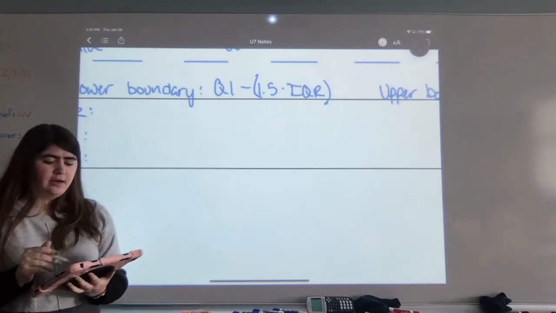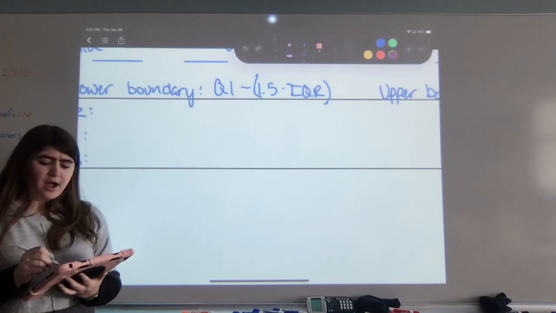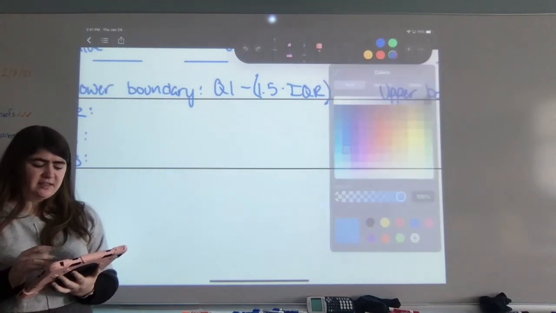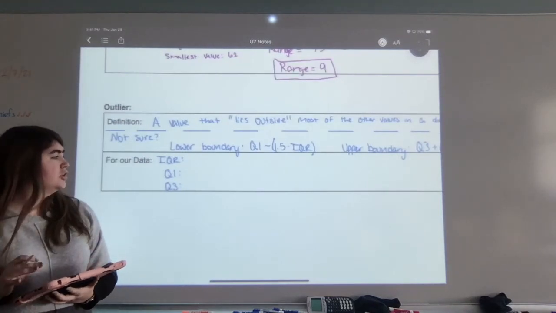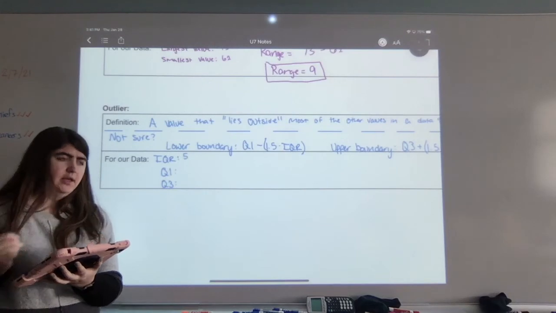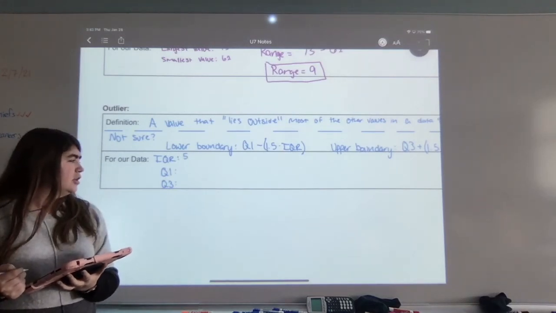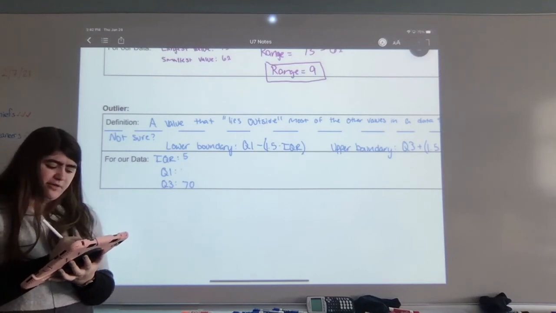So we're going to go ahead and find out if we have any data points that are outliers from our data set. To do that, we need our IQR, Q1, and Q3. I remember that our IQR was 5, and that Q3 was 70, which means that Q1 must have been 65.